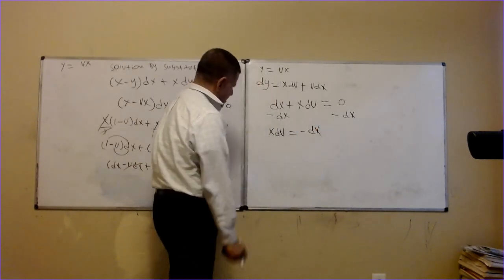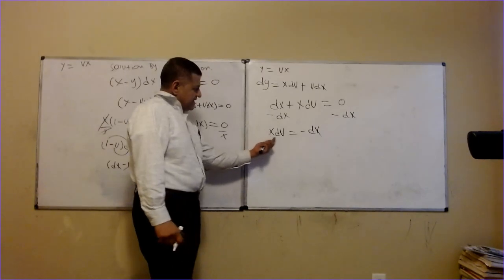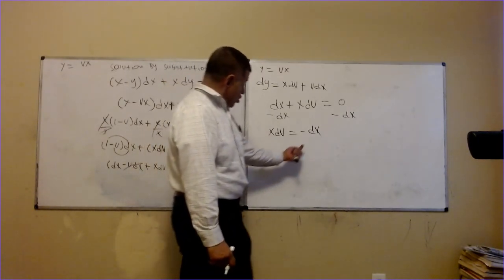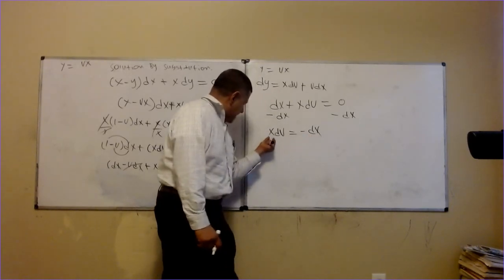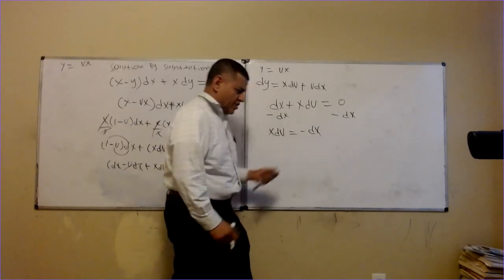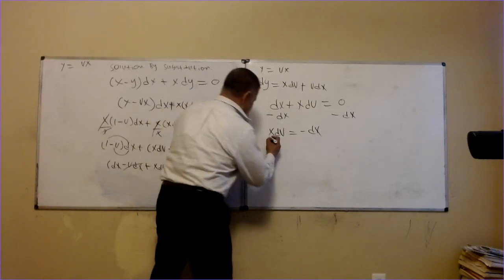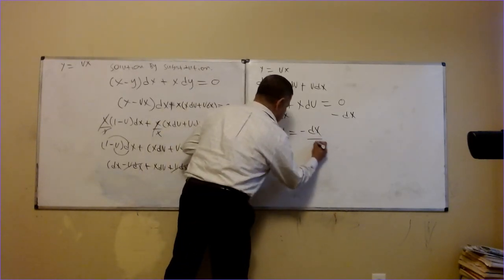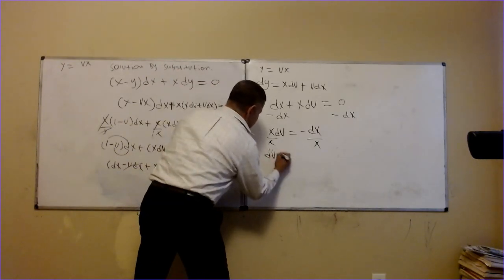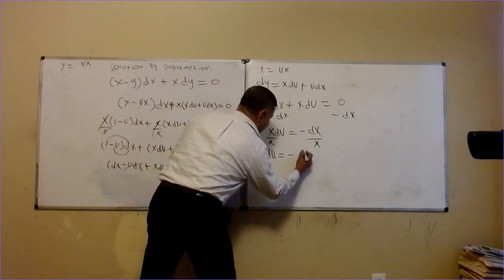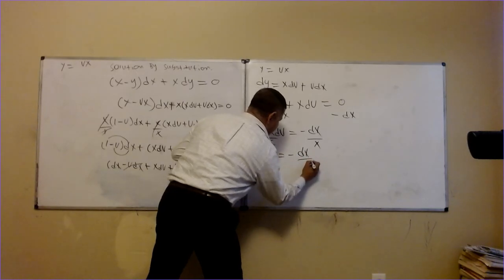Now I have a dv and also a dx, but remember that this dx belongs to this x, so I have to separate those. The way I can do that is by dividing by x on both sides. So I get dv equal to negative dx over x.